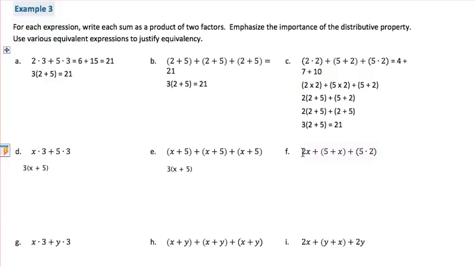And now we have three terms that are being added together. But since this is multiplication and this is multiplication, let's go ahead and use the commutative property to move things around a little bit.